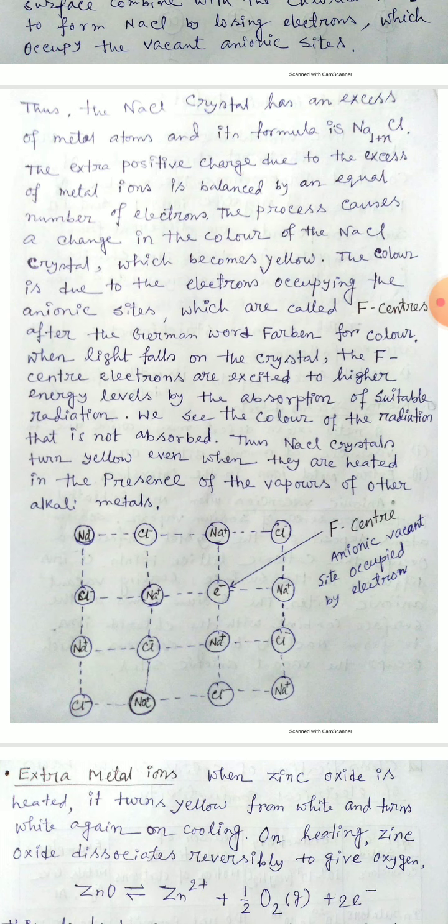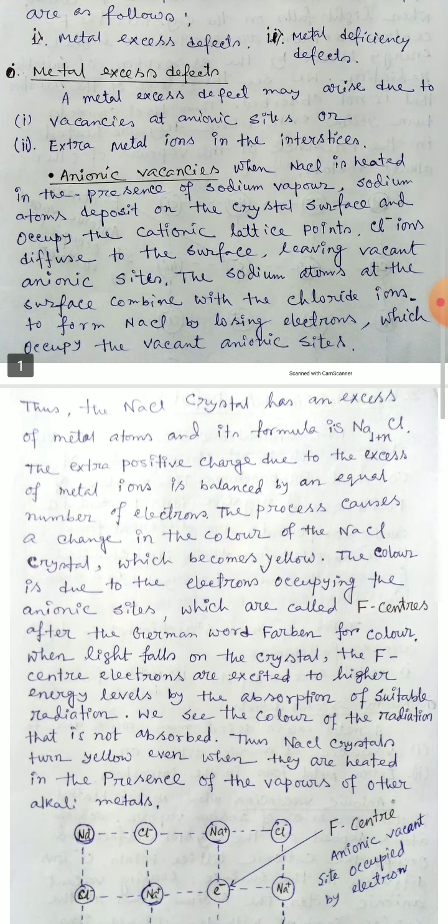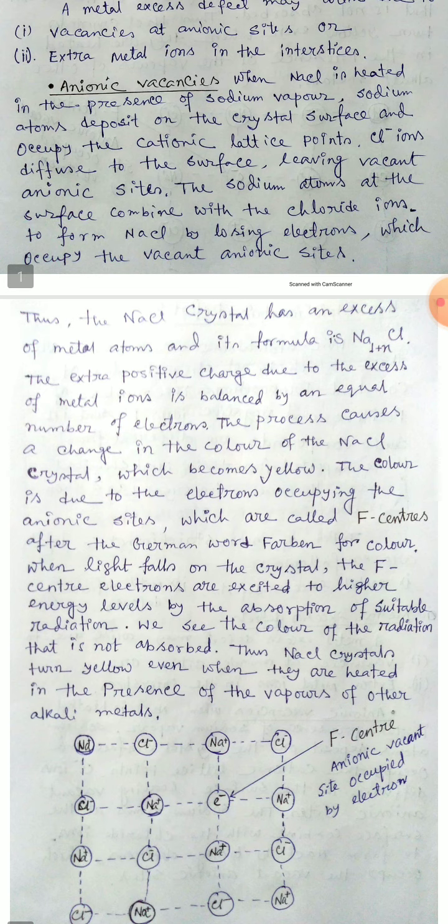Then we see the color of the radiation that is not absorbed. Thus, NaCl crystals turn yellow even when they are heated in the presence of vapor of other alkali metals. So, this is the defect due to anionic vacancy.